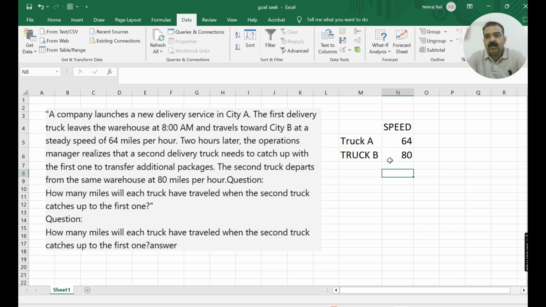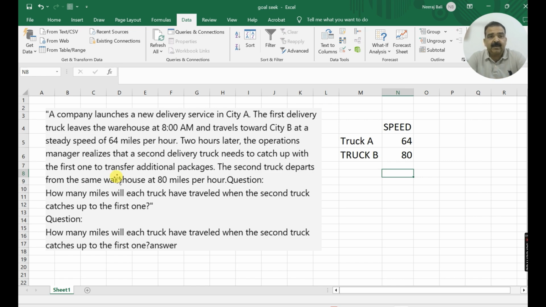Now tell me what is the question. The question is: how many miles will each truck have traveled when the second truck catches up with the first one? The first truck A went at a speed of 64 miles per hour. What else is written?